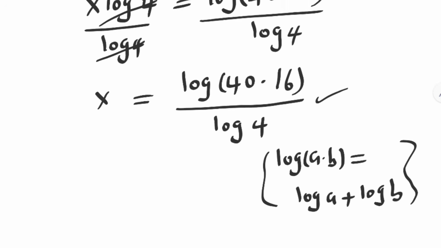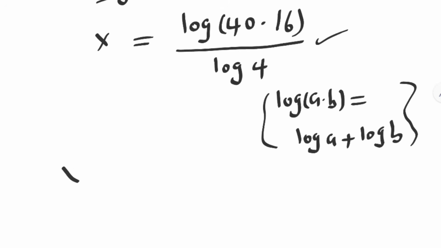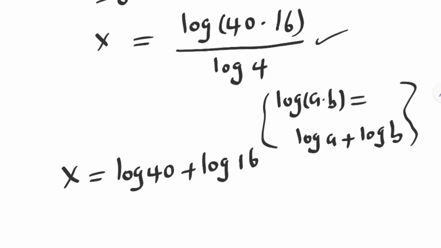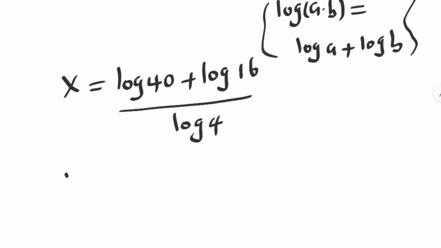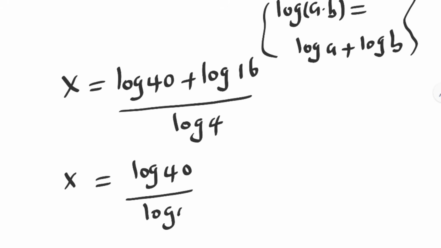Then the whole of this can be written as x is equal to log 40 plus log 16 over log 4. Let us split this. x is equal to log 40 over log 4 plus log 16 over log 4.